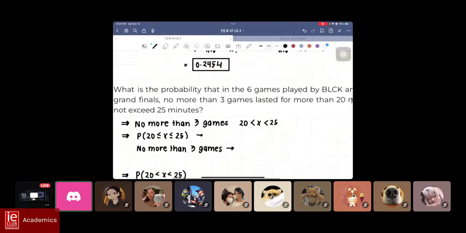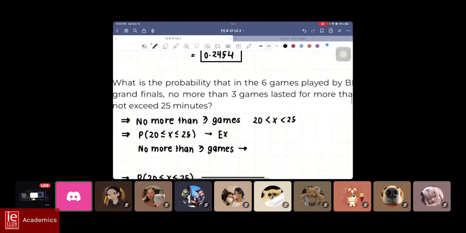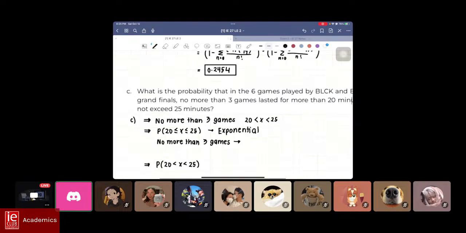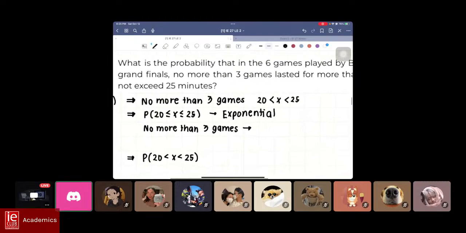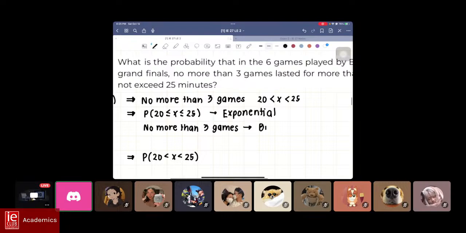So this would use exponential since it's one occurrence lang naman. And then for the no more than 3 games, since the games are discrete naman, we go back to the discrete distributions. So in order to solve that, we have to use the binomial distribution.